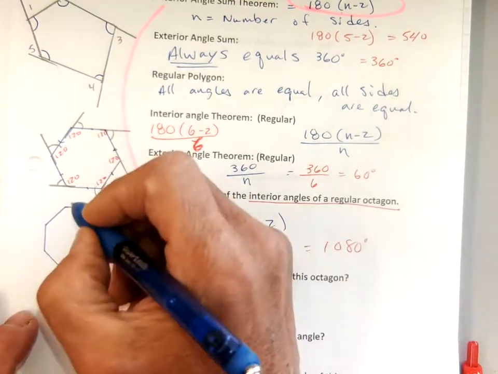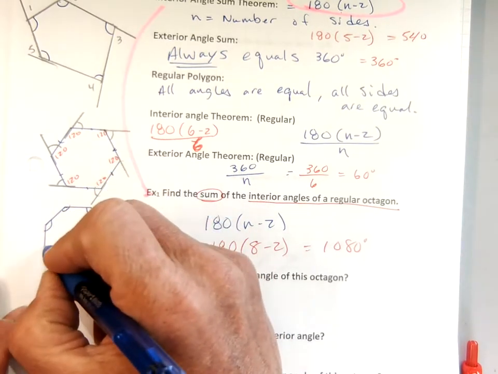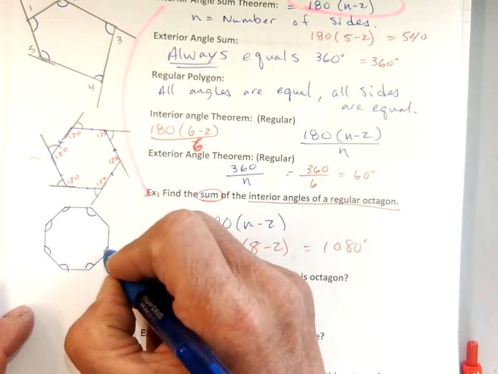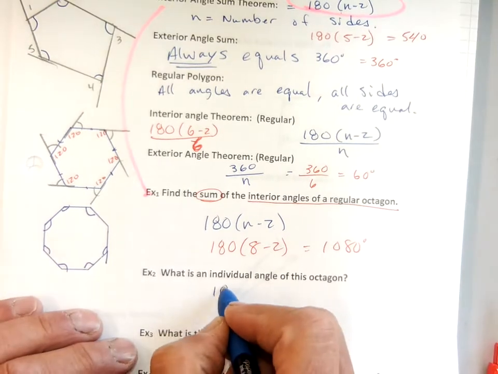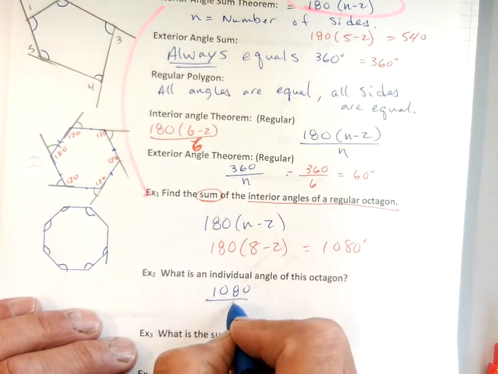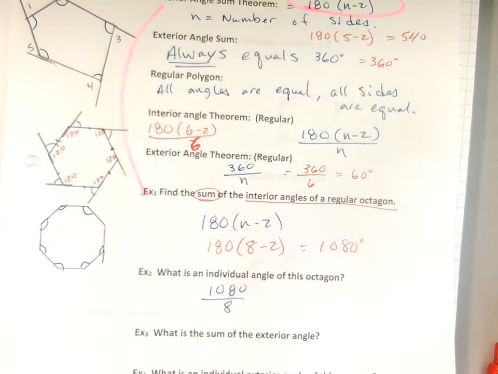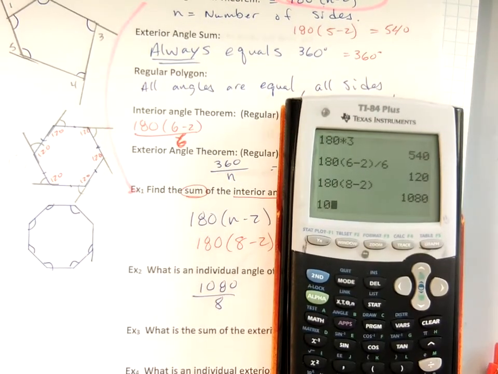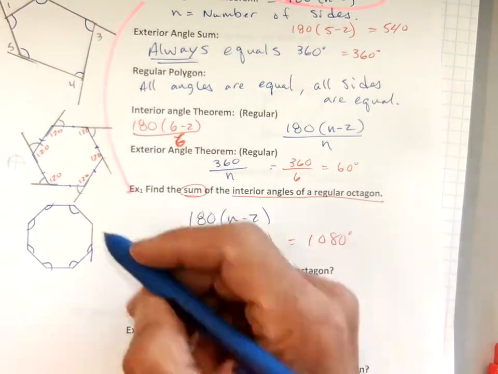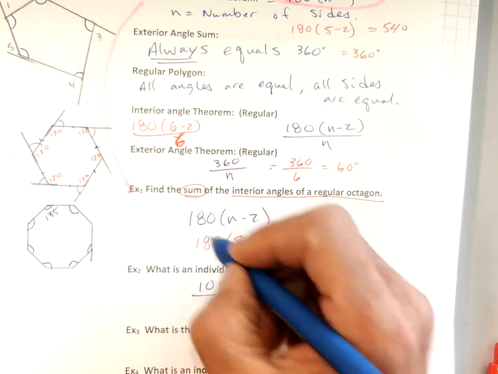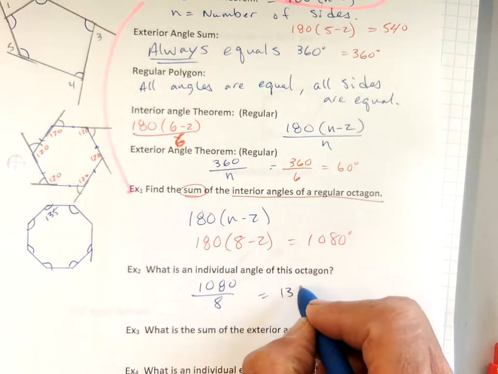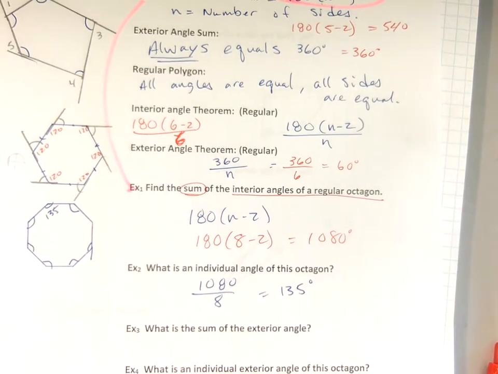I'm just going to take this answer, my 1,080, and divide by 8 because there are 8 equal angles. 1,080 divided by 8, I got 135 degrees. So they're all individually 135 degrees. Pretty easy? I'm just using formulas.